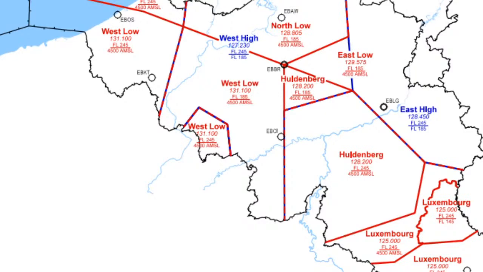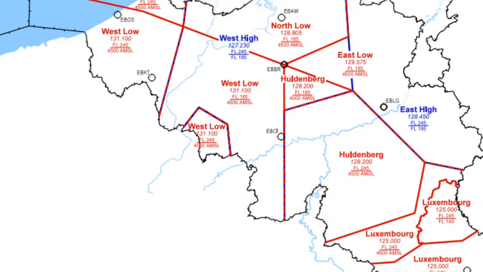All right. So you can see here that, for example, the red sectors have altitudes up to flight level 245 or 185, 245, 205, okay. And then there are the blue sectors on top of these, which go up from 185, or here 185 as well, to up to flight level 245.